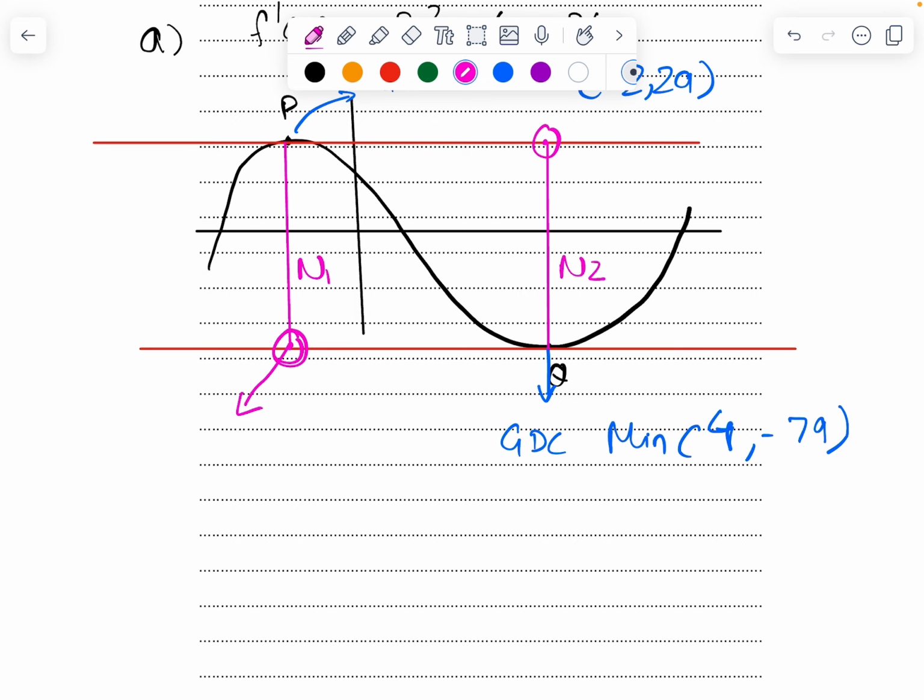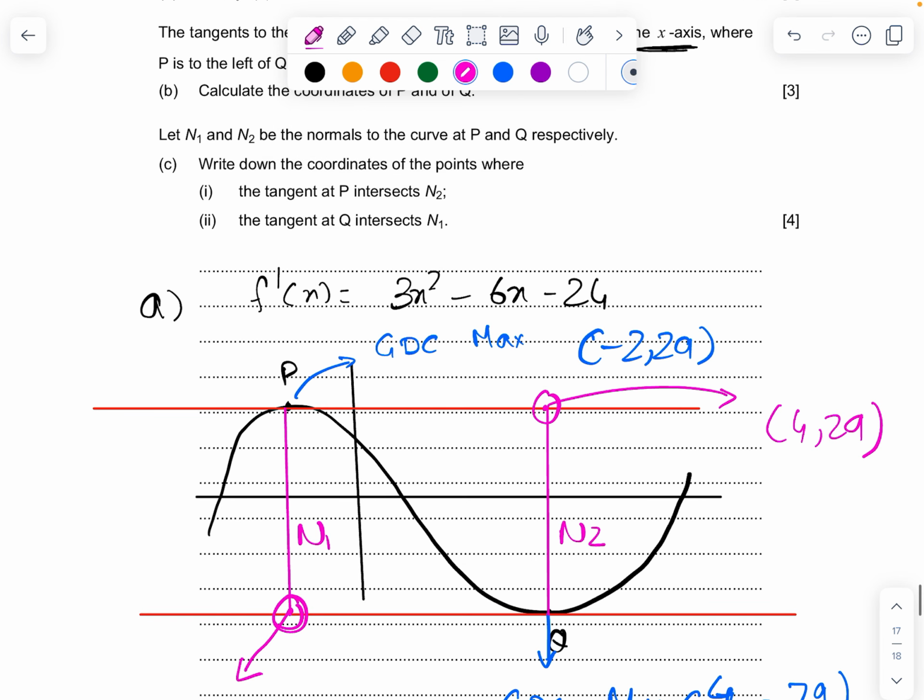So this point is going to be negative 2, negative 79, whereas this point is going to be 4, 29. That's going to be the answer: 4, 29 and negative 2, negative 79.